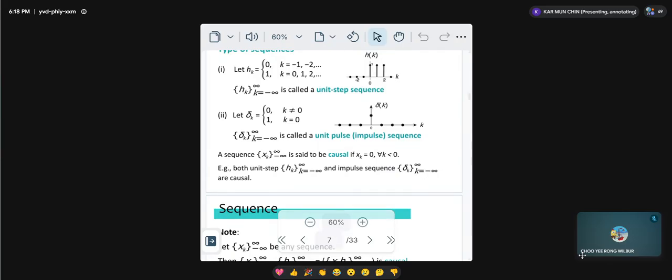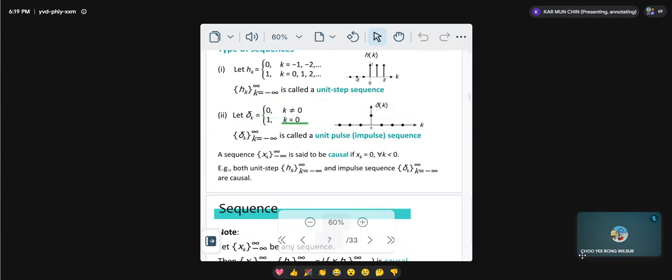The given is delta k, and it is 0 when k is not equal to 0. What does not equal to 0 mean? -1 is not equal to 0, -2 is not equal to 0, and 1, 2, 3 are also not equal to 0. The only condition is when k is equal to 0, then it is 1.